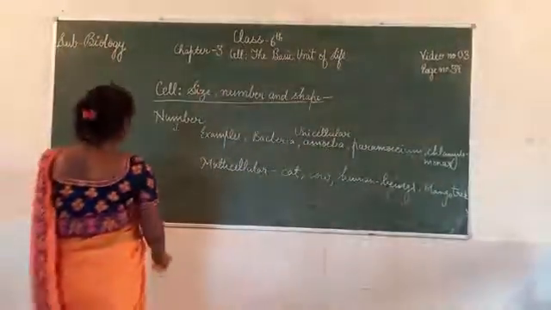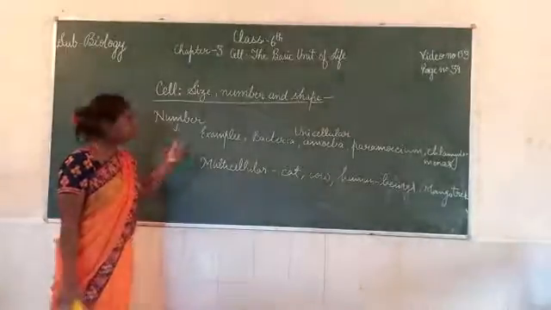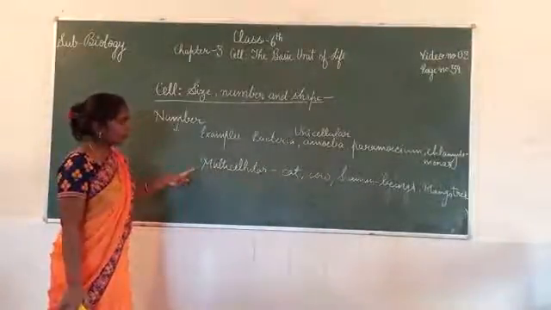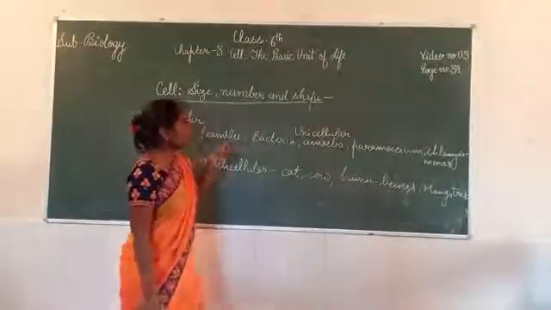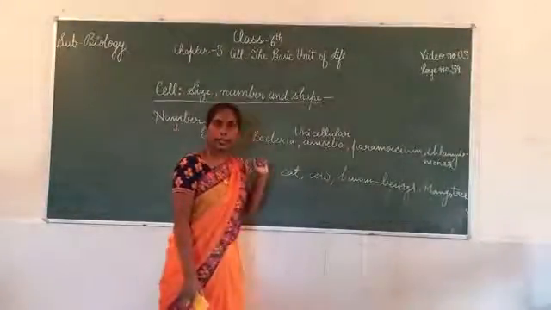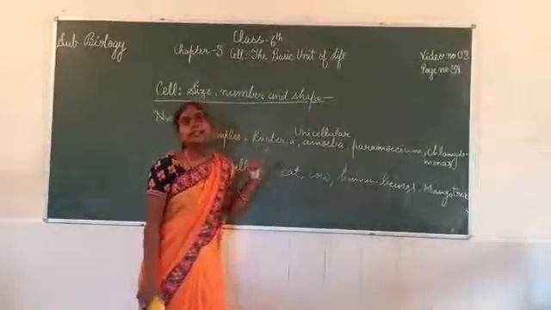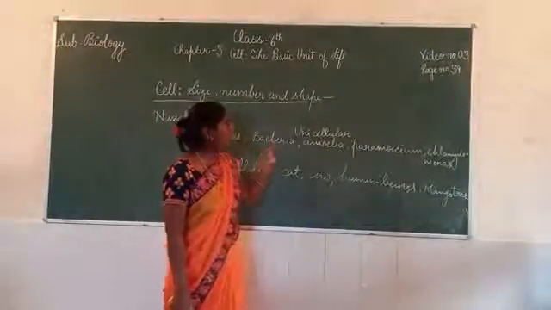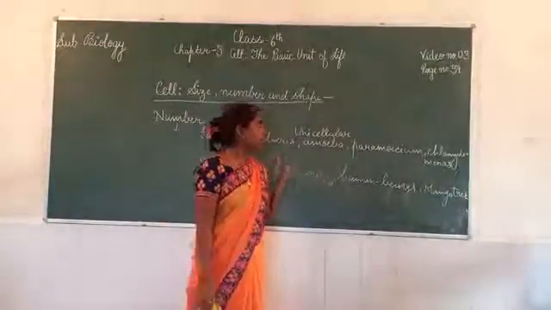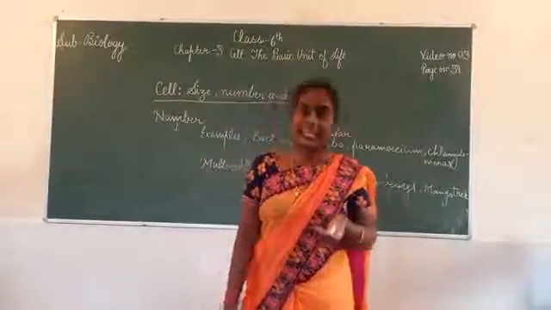Children, once again, what I told, according to the number, there are two types of organism. One is the unicellular. Unicellular organisms are those organisms in which only a single cell is present. Examples are bacteria, amoeba, paramecium, euglena, chlamydomonas, yeast.